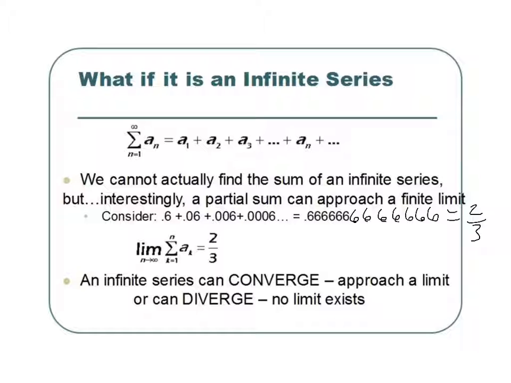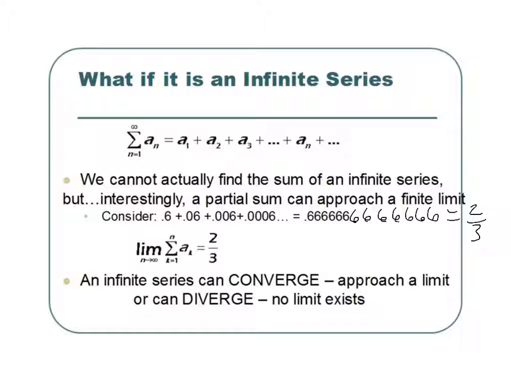If we can create some sort of a scenario like this where the values get closer and closer to some value, like this one gets closer and closer to 2/3, then we can say that it does have a sum. It's actually a limit, which we haven't used this notation yet. We will in the future, but it's basically saying that as n approaches infinity, there's a limit, like it's getting close to a value of 2/3.